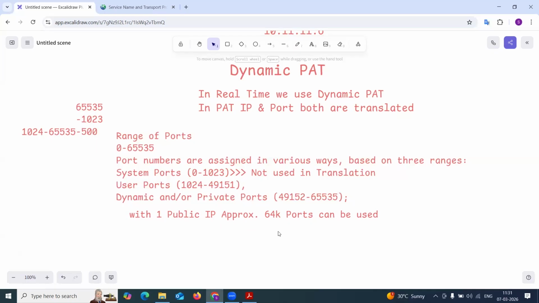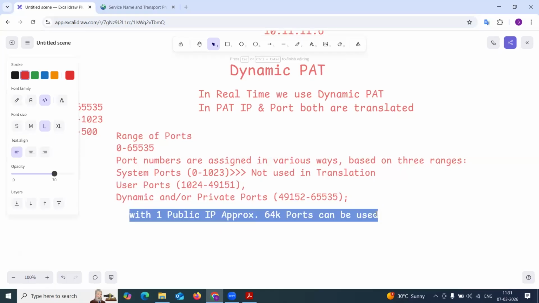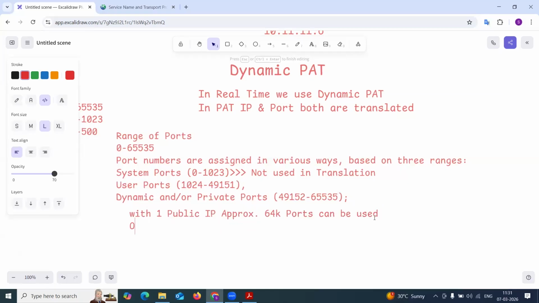How many users can use one public IP? Then your answer should be: one public IP can be used with how many users?